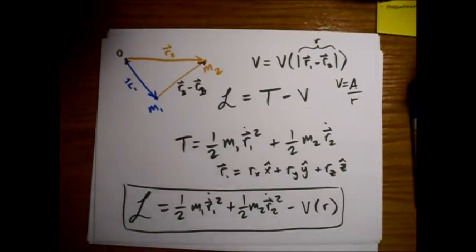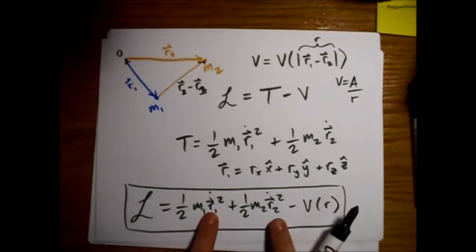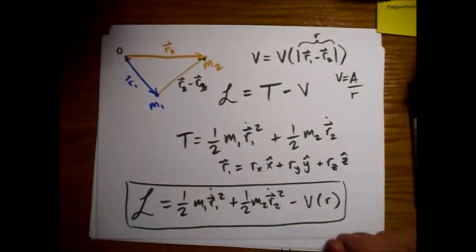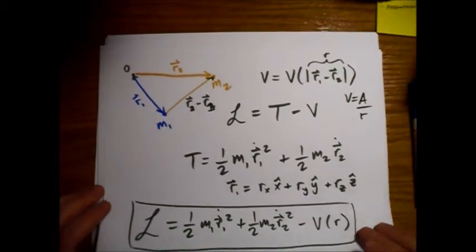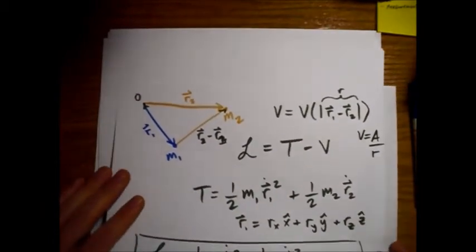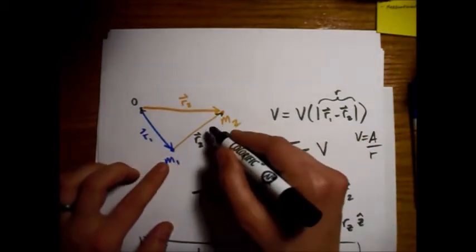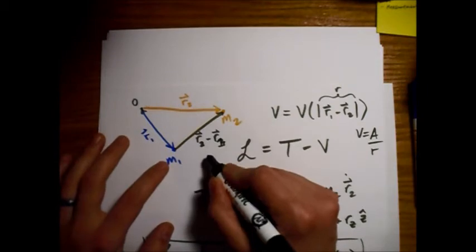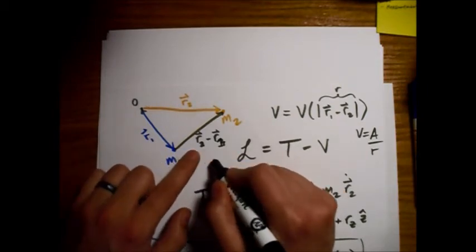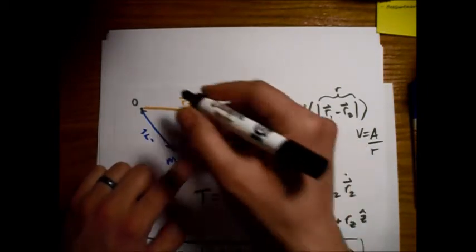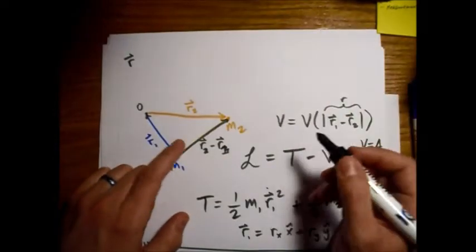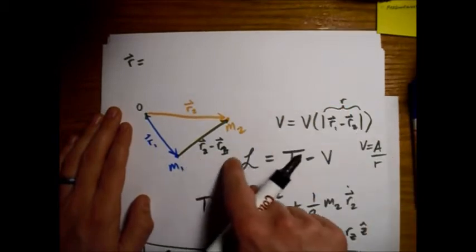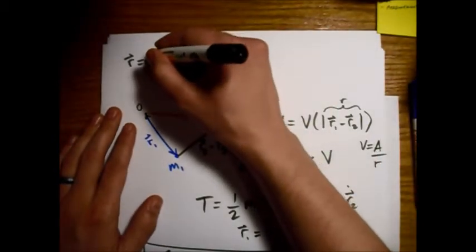So we need to find the relation between this R1 and R2 that we have, and the coordinate to the center of mass. So we're going to go ahead and define a vector just called r, which we've used before. The magnitude of it is just going to be this right here, like we talked about before.